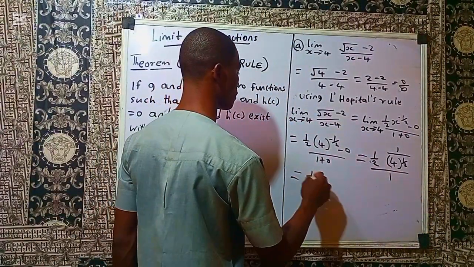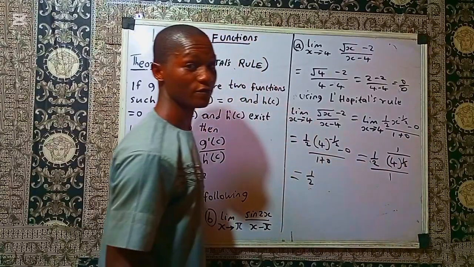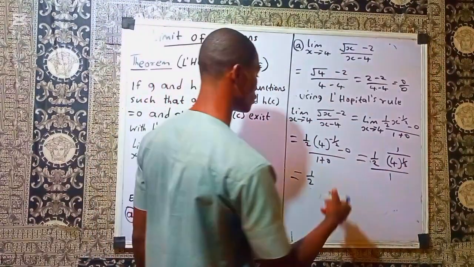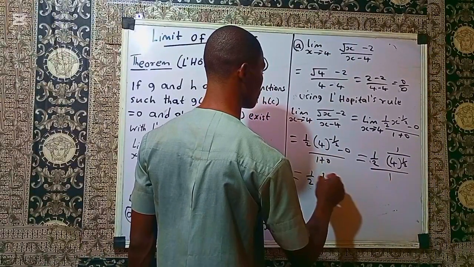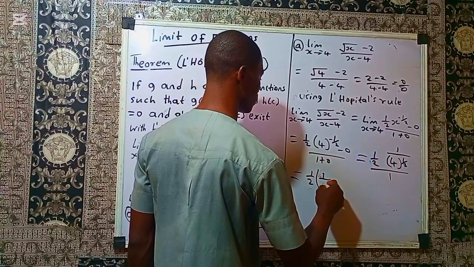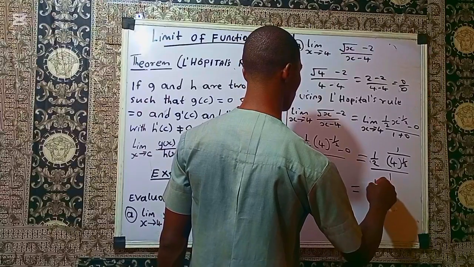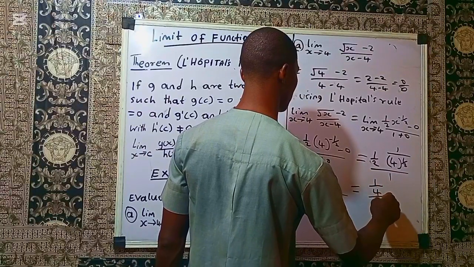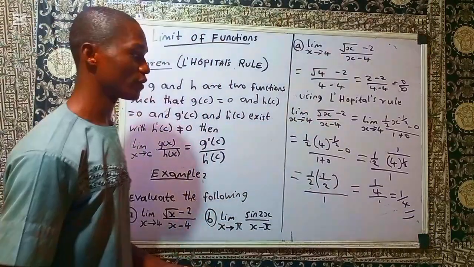So that will be 1 over 2 multiplying 4 raised to power half, which is just the square root of 4, which is what? 2. So we have 2, then we have 1 over, we're having 1 over what? 2 divided by 1. That will give you 1 over 4 divided by 1, which is 1 over 4. So the answer to this is 1 over 4.